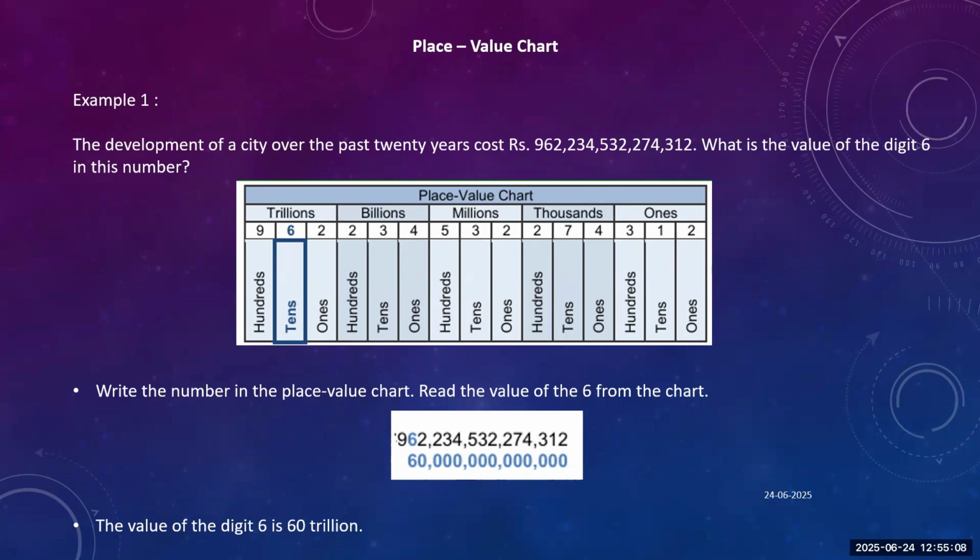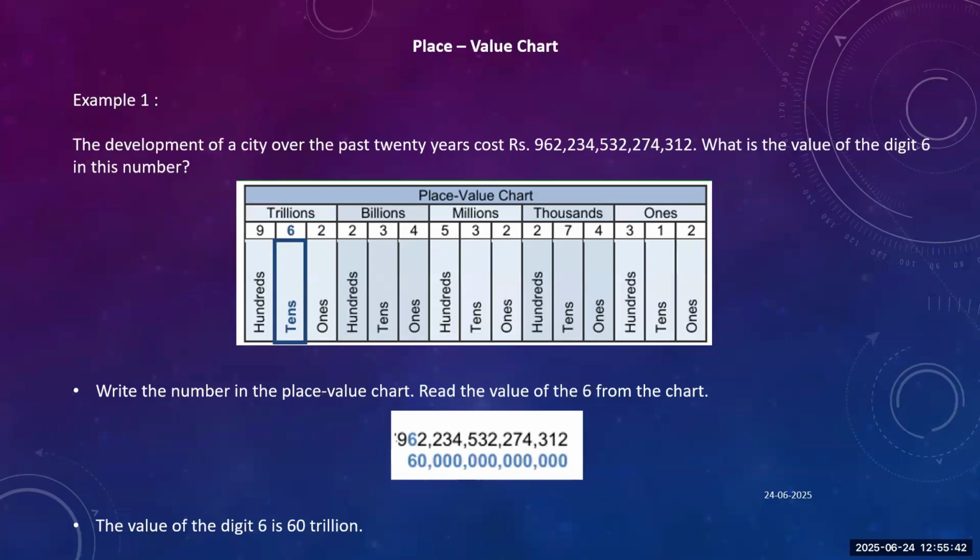Ones, tens, hundreds, then 1,000, 10,000, 100,000. So you have to read the upper portion with the lower portion. Below the number 2 it is ones. Below the number 1 it is tens. Below the number 3 it is hundreds, which is 312. Now, after you cross this, you will have to read it together with the thousands.